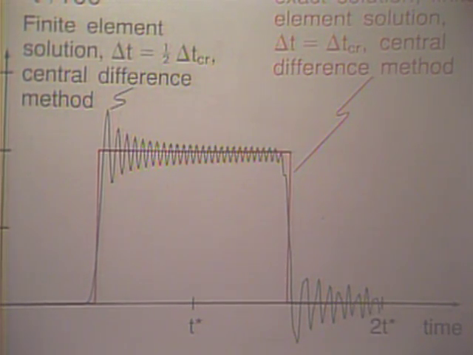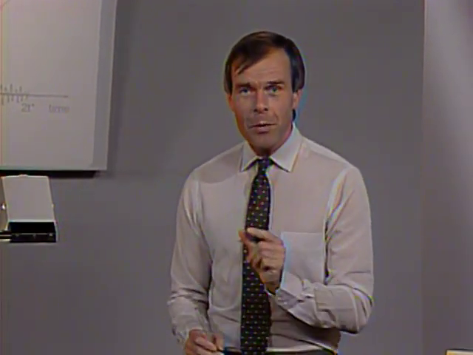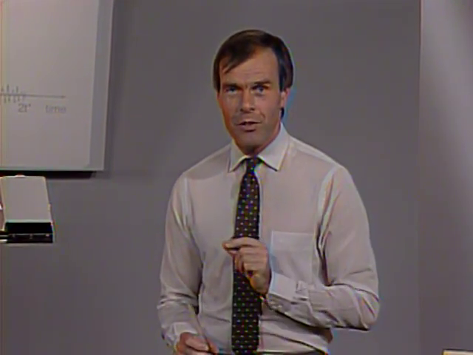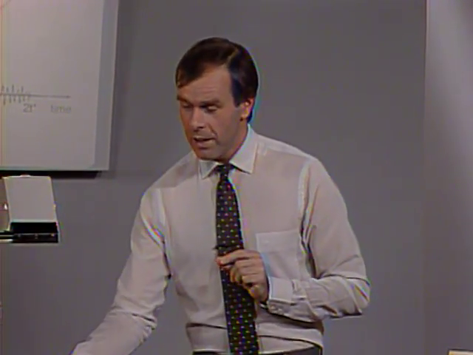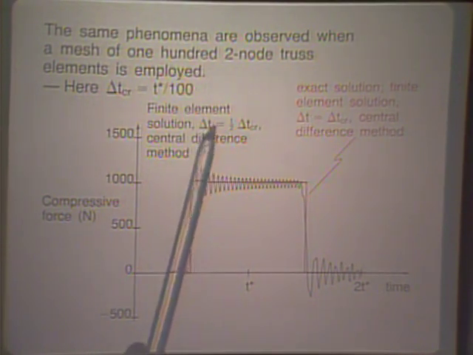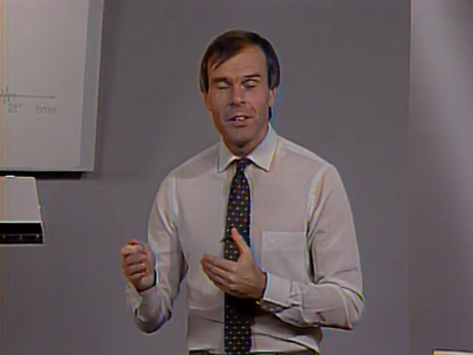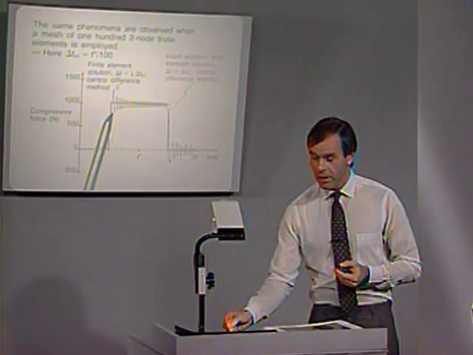So we have much the same observations that we have seen already earlier, namely when the time step is decreased in the central difference method solution from the critical time step, here we see a decrease, the solution that one might expect to be better actually deteriorates. Of course, it couldn't be better than the exact solution, but we see here a deterioration, and a quite significant one.